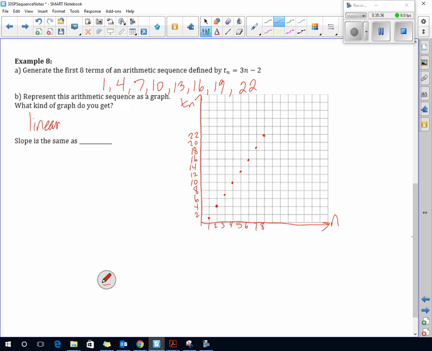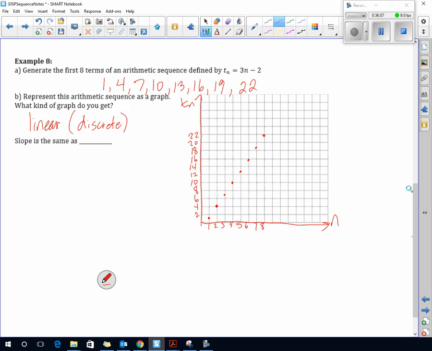Starts with a D. Discrete. Have you heard of that? It's discrete data, meaning when you have term 1 and term 2, there's no term 1.5 or 2.3. You know what I'm saying? There's nothing between. So that means you can't actually draw a line because it's discrete. When you draw a line, that means there's points between.